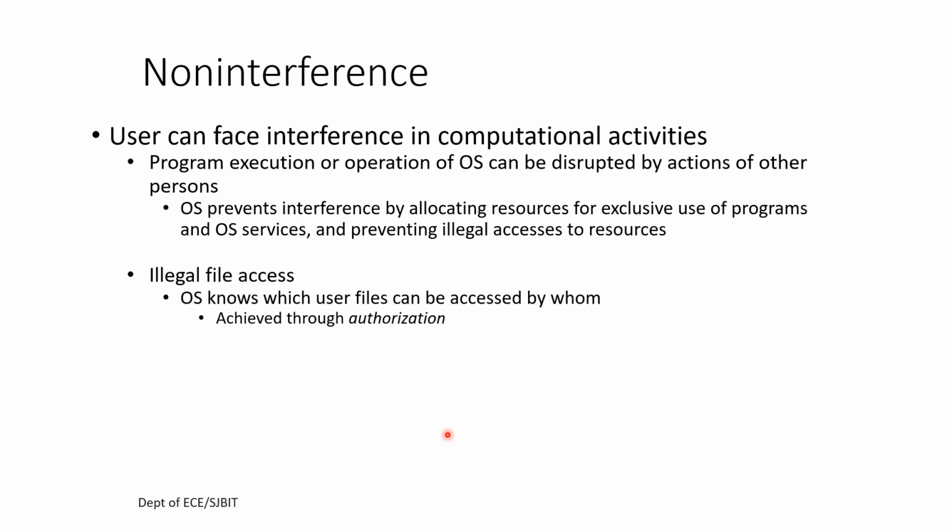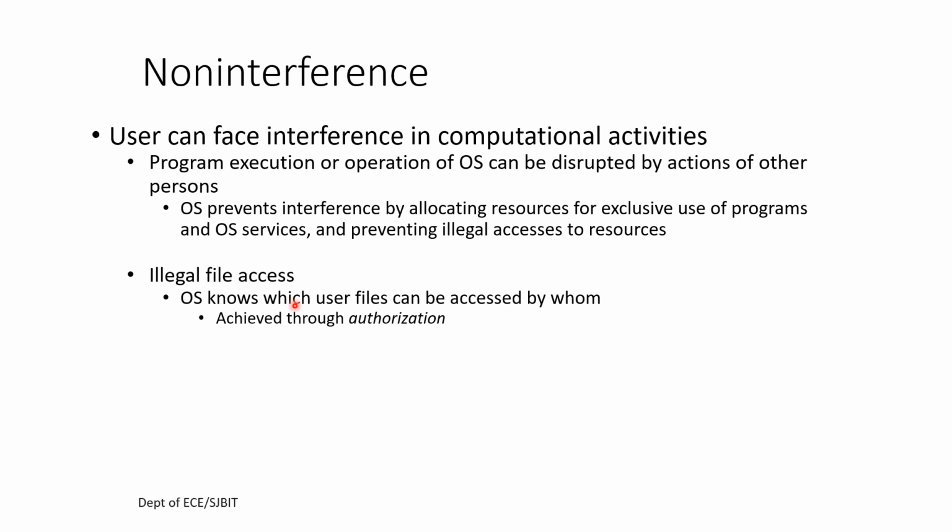Different kinds of interference occur in the user's computational activity, so that the execution of the program may be interrupted by the actions of other processes. For that the OS must prevent such interference by allocating resources for the exclusive use of one program and OS services, and preventing illegal access to resources and illegal file access.